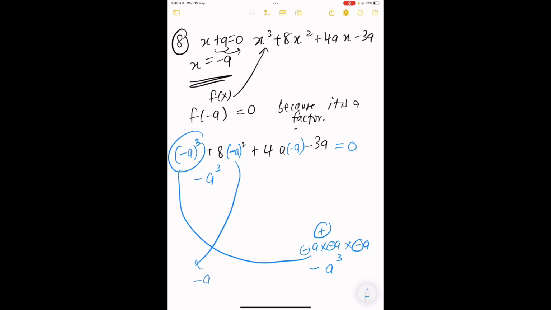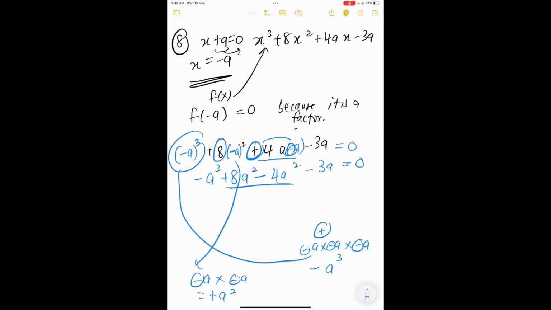This is minus a times minus a, so minus minus plus a squared. Here got 8, so plus 8a squared. This one is minus and plus, so minus 4a squared, minus 3a equals 0.